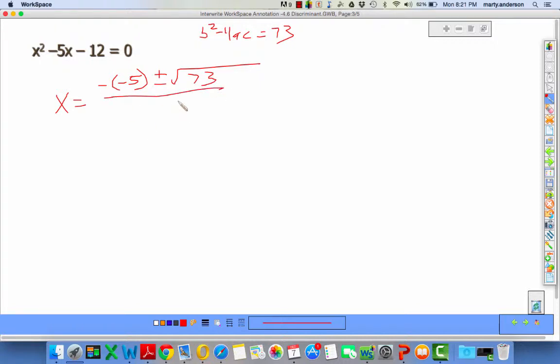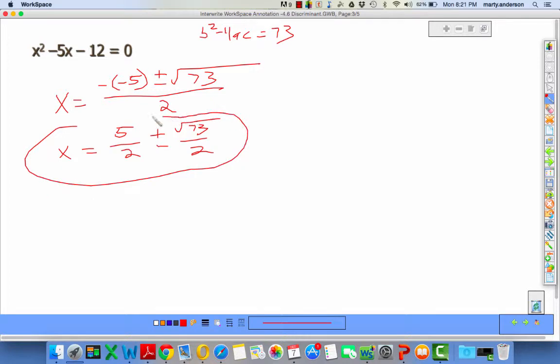Well, I'm already done with that. All over 2a. So I am quickly to 5 over 2 plus or minus the square root of 73 over 2. Square root of 73 is a prime number. There's nothing more I can do. Here's my 2 real roots in exact form. I could bust out the calculator in order to get the decimal equivalent. I'll let you do that on your own.